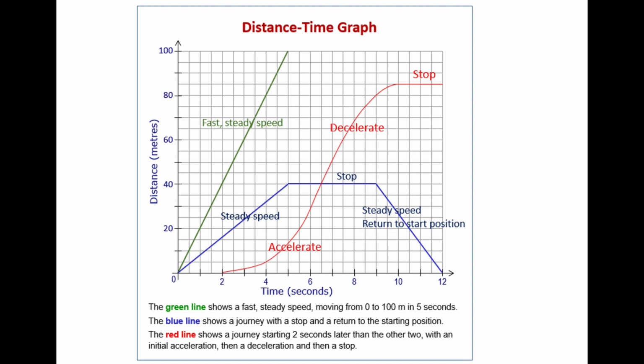The blue line shows a journey with a stop and a return to the starting position. The red line shows a journey starting 2 seconds later than the other two, with an initial acceleration, then a deceleration, and then a stop.